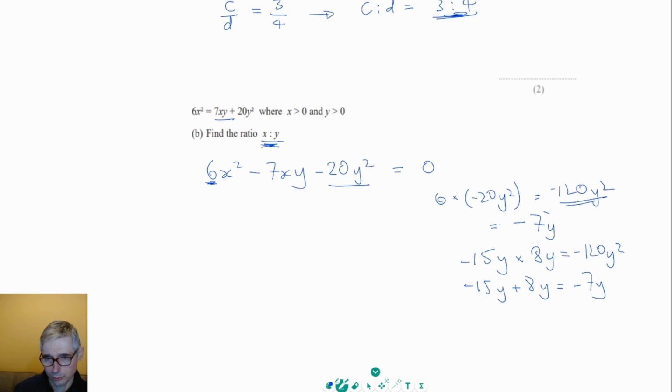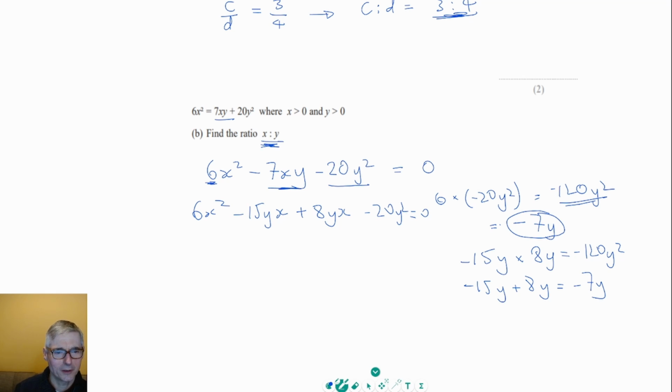So the purpose of doing that is we're going to split this middle term into minus 15y and 8y. So we're going to rewrite this quadratic as 6x squared minus 15yx plus 8yx minus 20y squared equals 0.